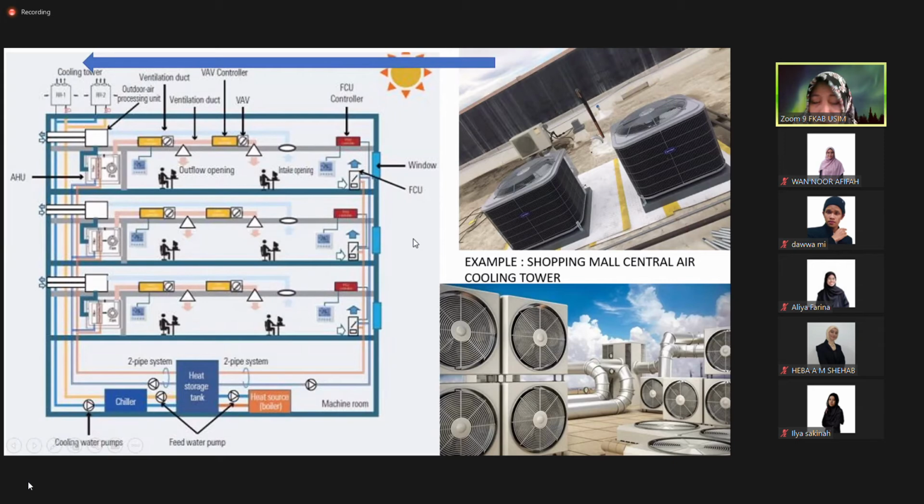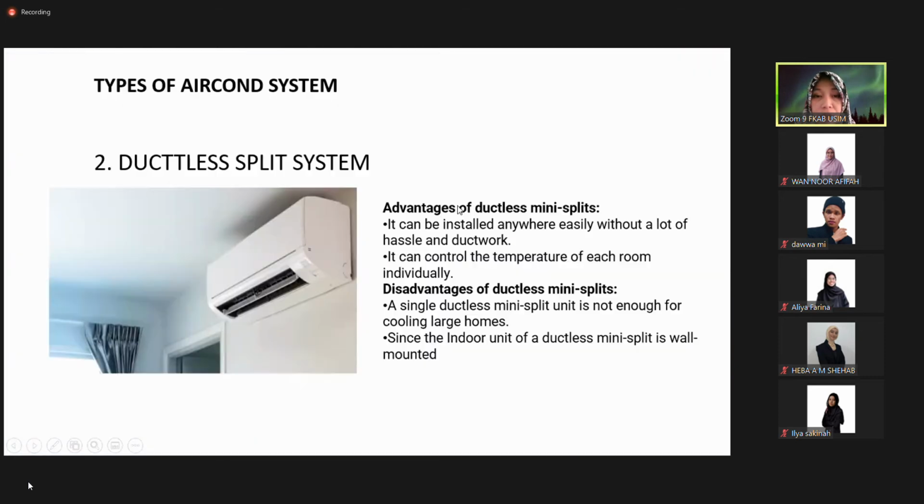Okay. Unlike the split unit. Do you notice that in our studio, there are also aircon like this. Okay. Macam ni. This is split unit. Okay. Split unit is a single ductless split unit. Normally it's only a small volume of a room.